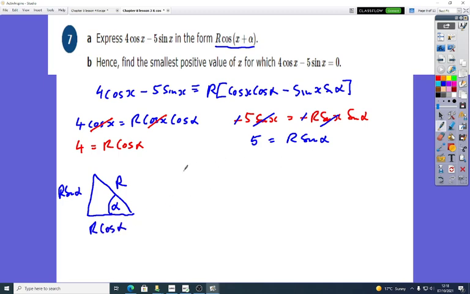Now, the beauty about this is you've been told that r sine alpha is 5, and you've been told that r cos alpha is 4.